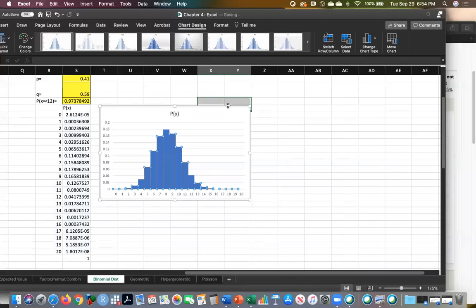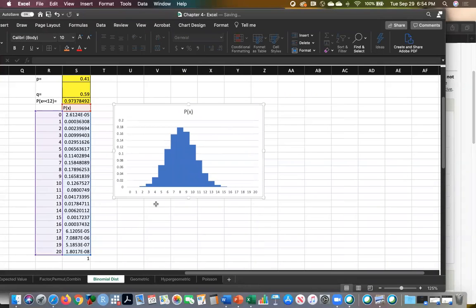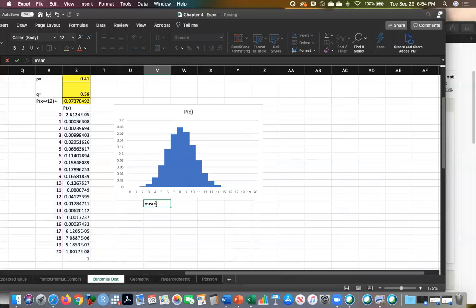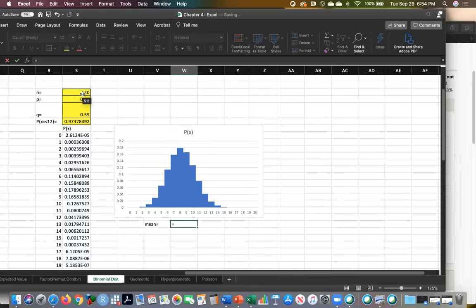So here I can compute the mean. We know that the mean is equal to N times P. So my mean value is 8. Of course, we are expecting that the value is going to fall by the tallest bar.